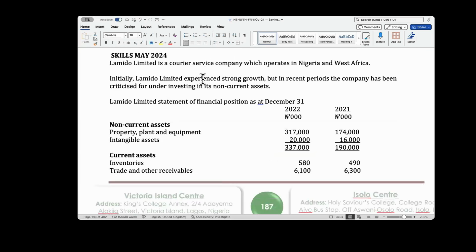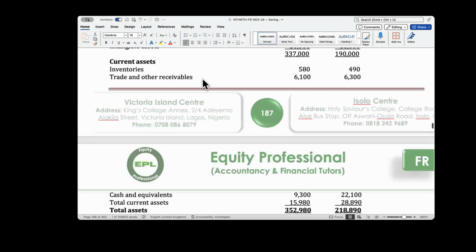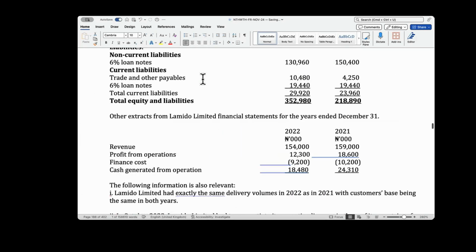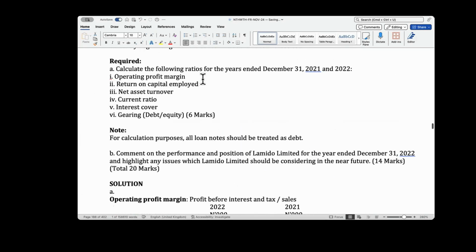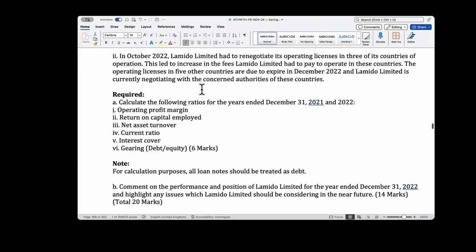Okay, so they asked another question on ratio last diet. Last diet alone, ratio was like 30 marks for you. I pray that they bring it like that again this diet. You won't have any excuse not to pass when ratio alone is 30.